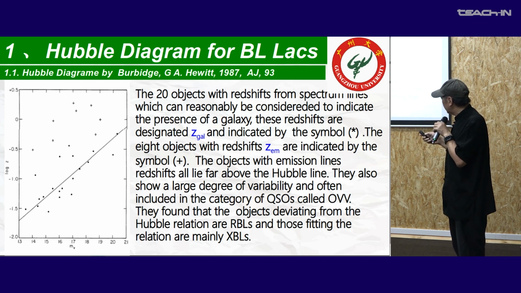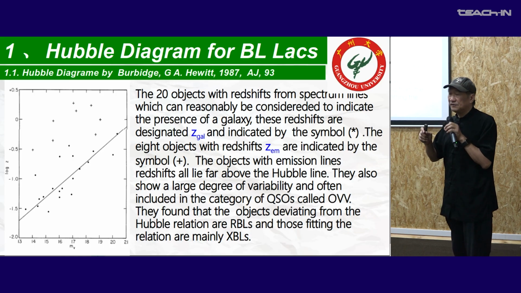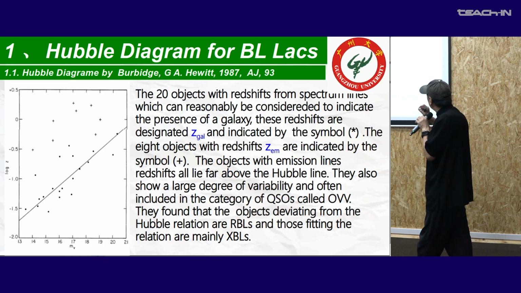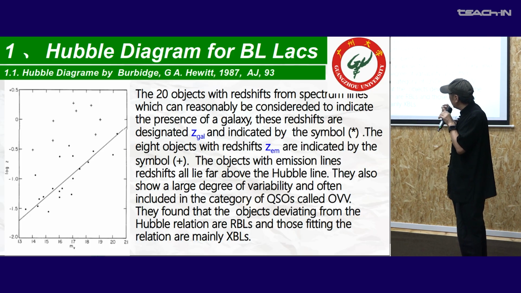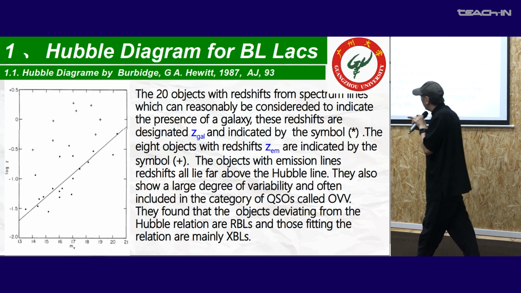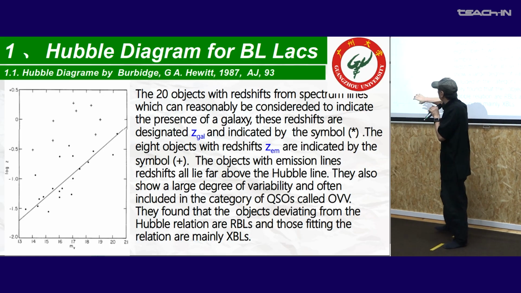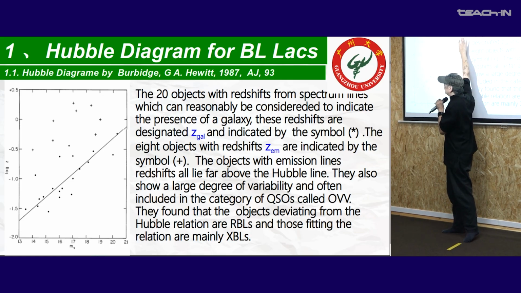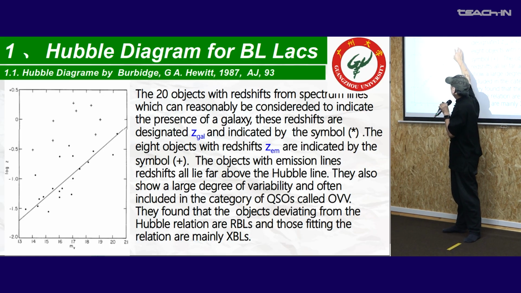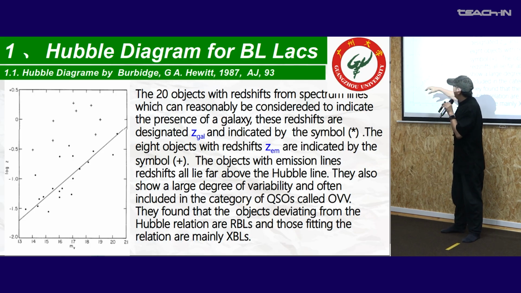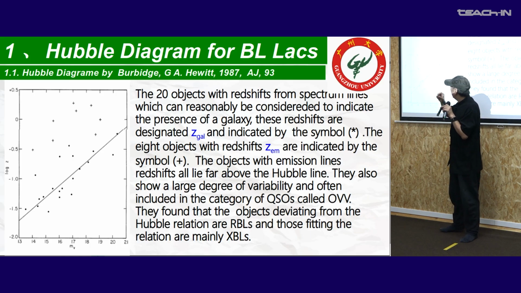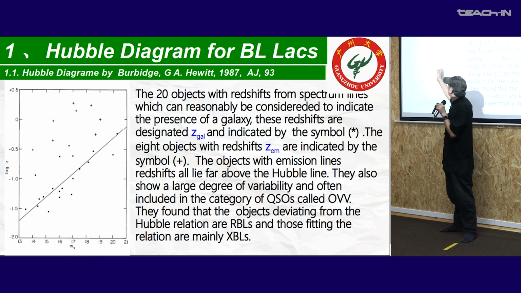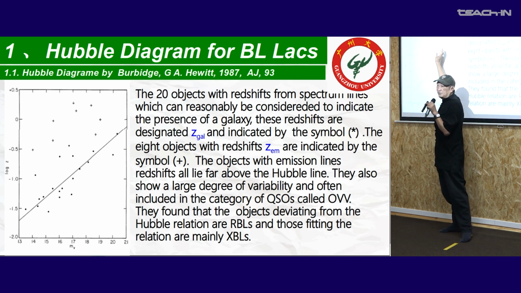They found that the Blazar objects with galaxy redshift occupy the region just around the line, but the Blazar objects with emission redshift deviate from this line, this region.